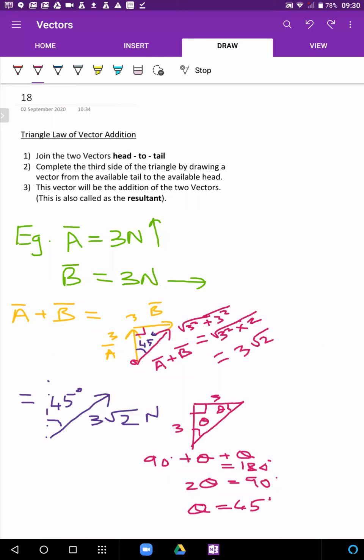The option will write it out in words, but while solving you need to solve it till a point where you know what the resultant's magnitude is and what its direction looks like.